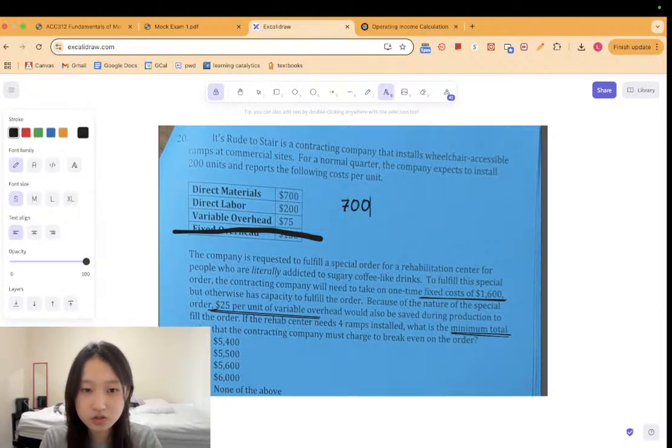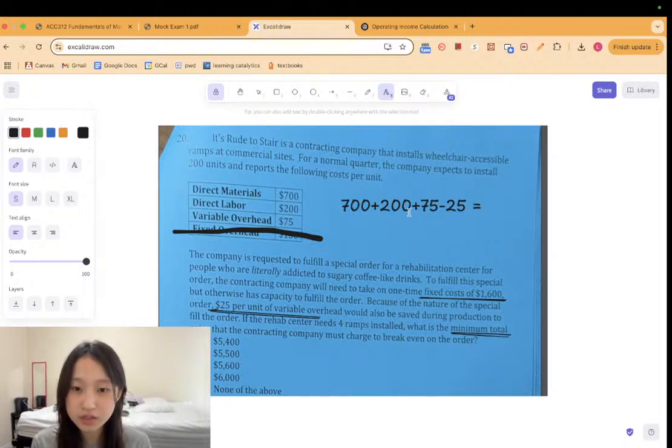So it's just 700 plus 200 plus 75, but then you save 25 bucks per unit, so that. And that is equal to, so 700 plus 200 is 900 plus 50, so you have 950.